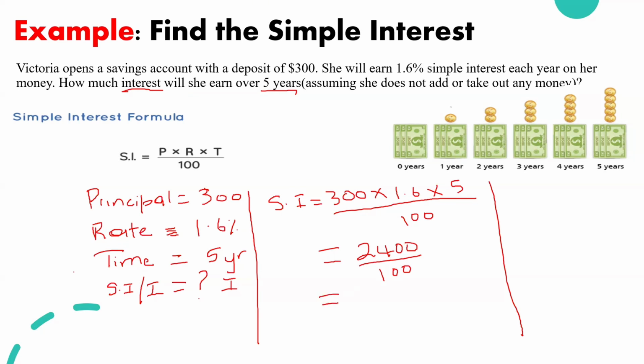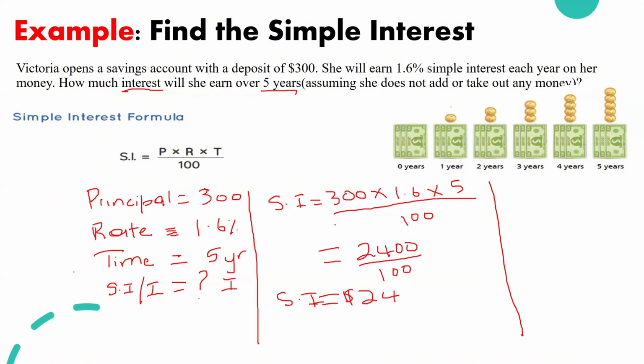When we divide 2,400 by 100, we get 24. So the simple interest, or the interest she will earn in 5 years, is $24.